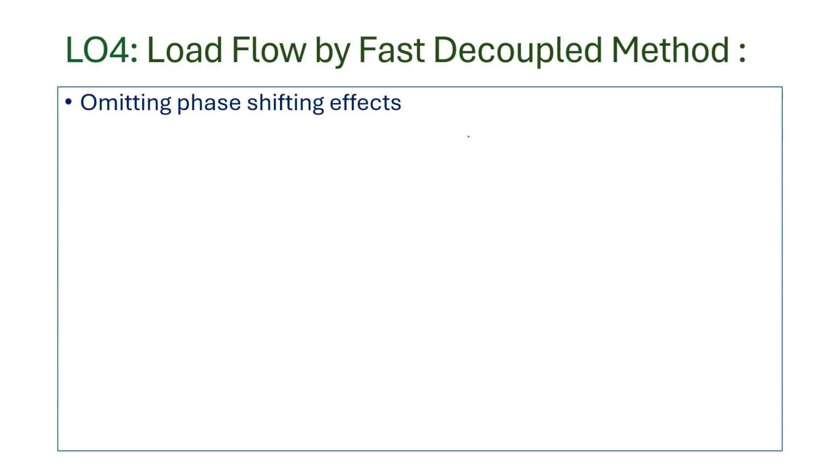Further, there is omitting of phase shifting transformers. There will be a phase shift because of three-phase transformers like star delta or delta star, and that phase shift is neglected.